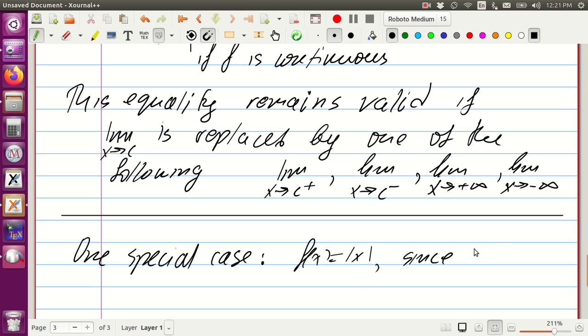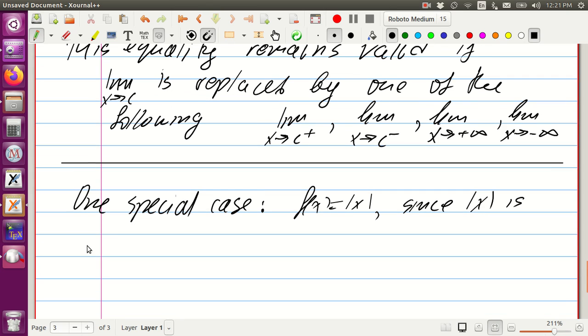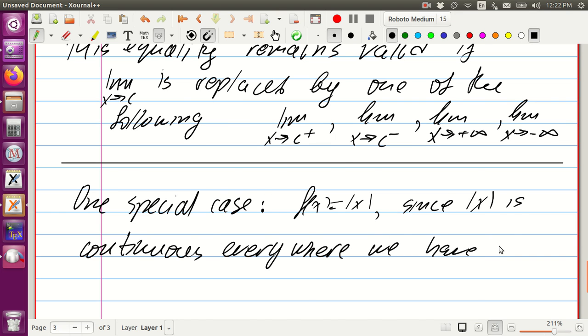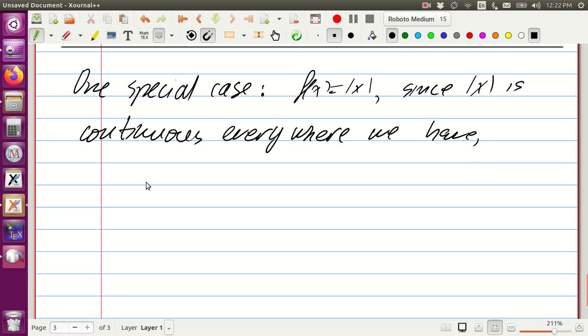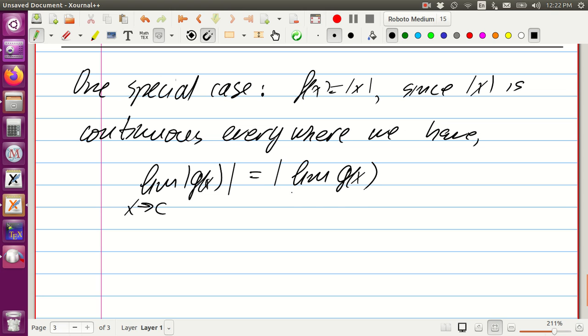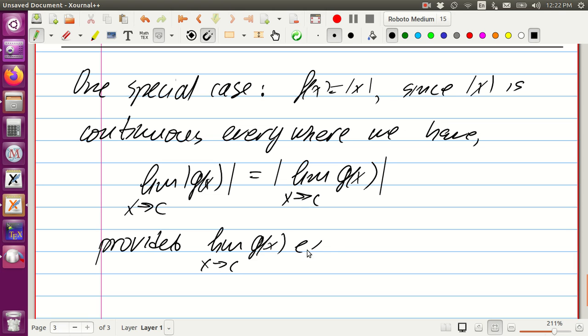Since the absolute value of x is continuous everywhere, we have the limit of the absolute value of g of x when x approaches c is equal to the absolute value of the limit of g of x when x approaches c, provided the limit of g of x when x approaches c exists.